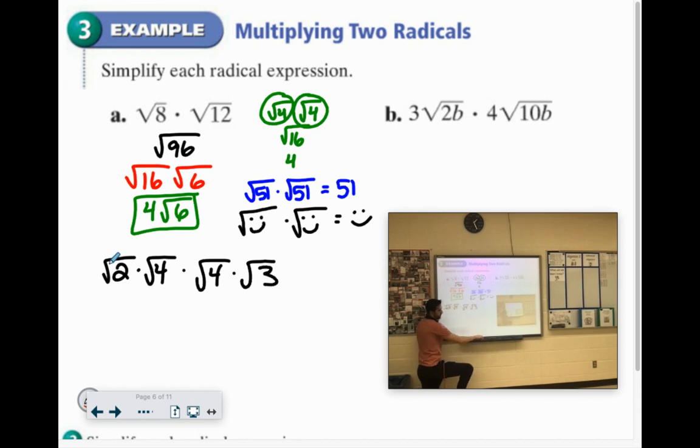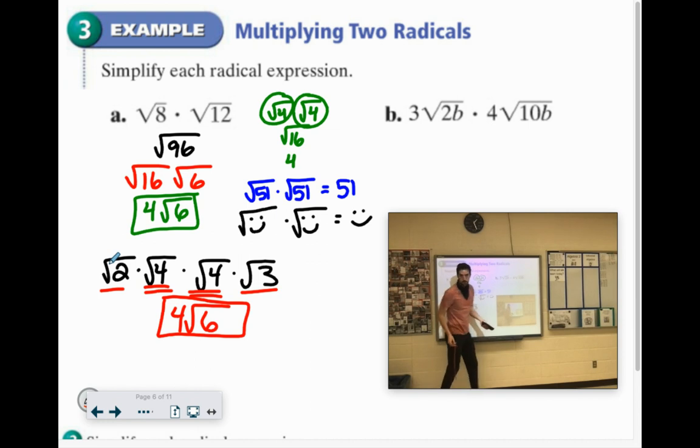And then if you know my little trickery, you could say, oh, well, the square root of 4 times the square root of 4 is regular 4. And then we're left with the square root of 2 times the square root of 3. You can multiply those together and just keep it in a root. 2 times 3 is 6. Ends up with the same answer, but you're working with a little bit smaller numbers. So that's why I like that trick.